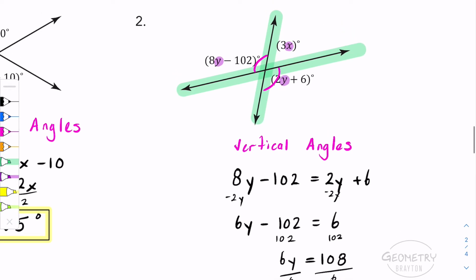I'm not done solving at this point because I still have to solve for x. So now I'm going to highlight that this angle here and this angle, these two angles, are a linear pair. And a linear pair sums to 180.